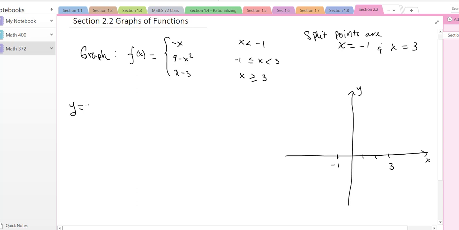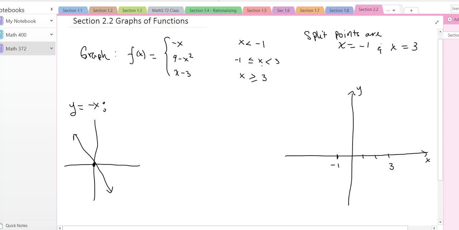So the first piece is y equals -x. What does -x look like? y equals -x is a line, I can't seem to draw straight, with the y-intercept at 0, 0, and it just goes through the origin with negative slope. So this is y equals -x.